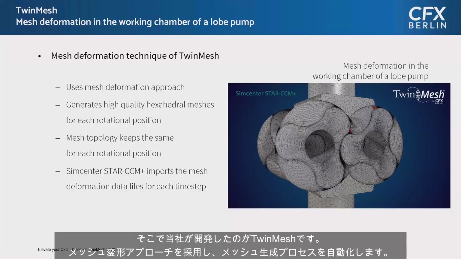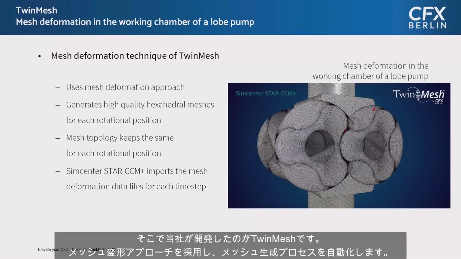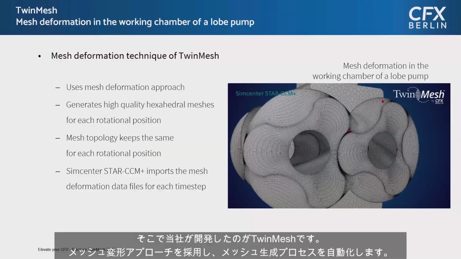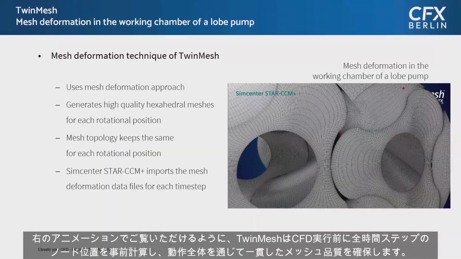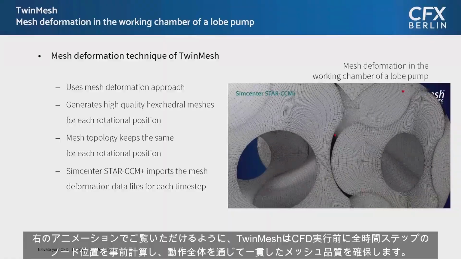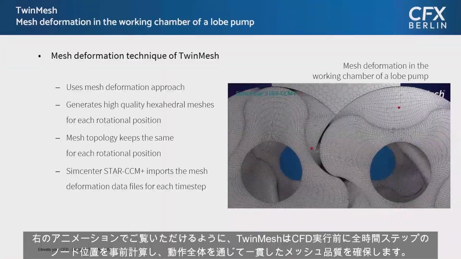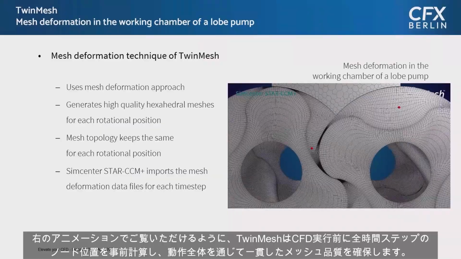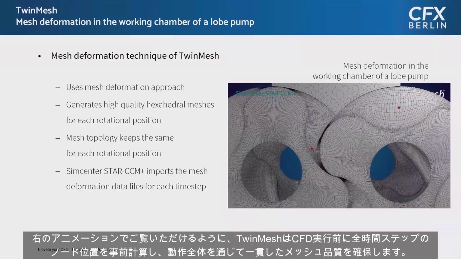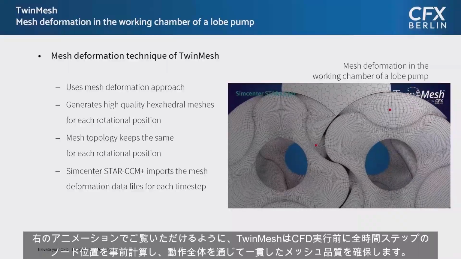And that's why we developed TwinMesh. It uses the mesh deformation approach and automates the meshing process. As you can see in the animation on the right, TwinMesh pre-computes the node positions for every time step before the CFD run, ensuring consistent mesh quality throughout the motion.